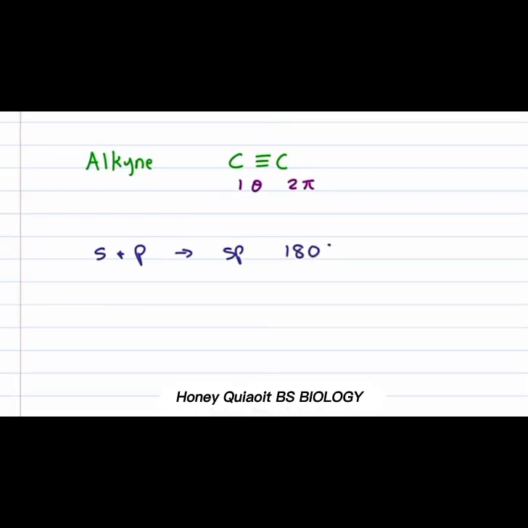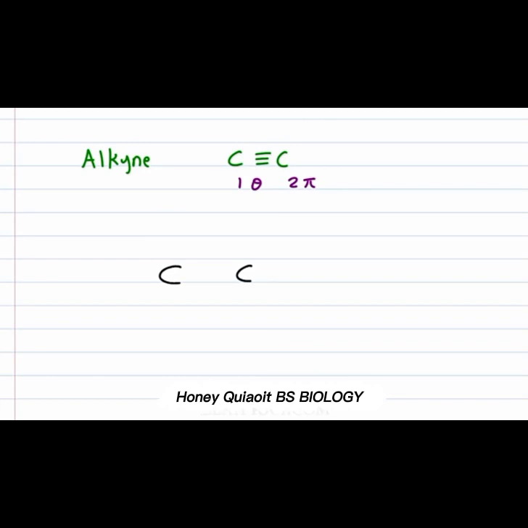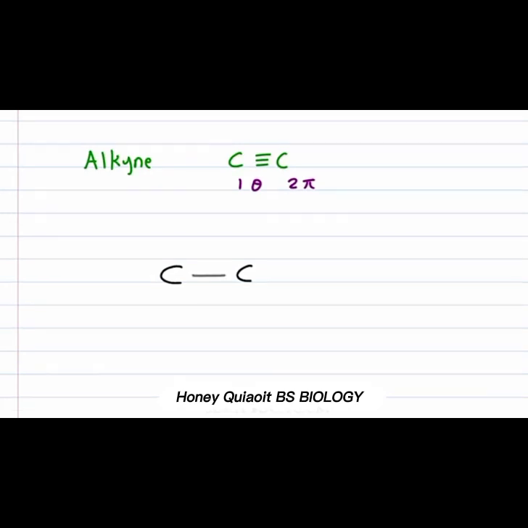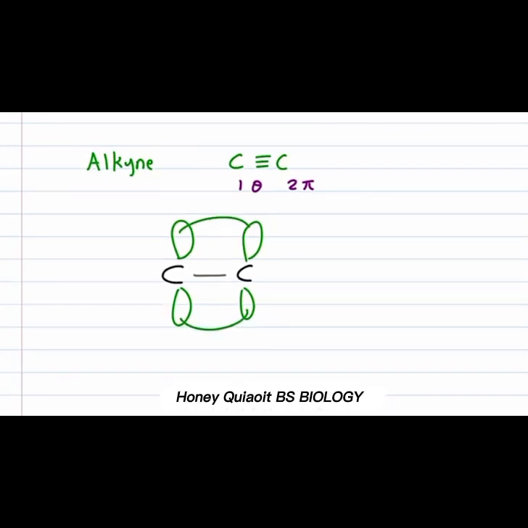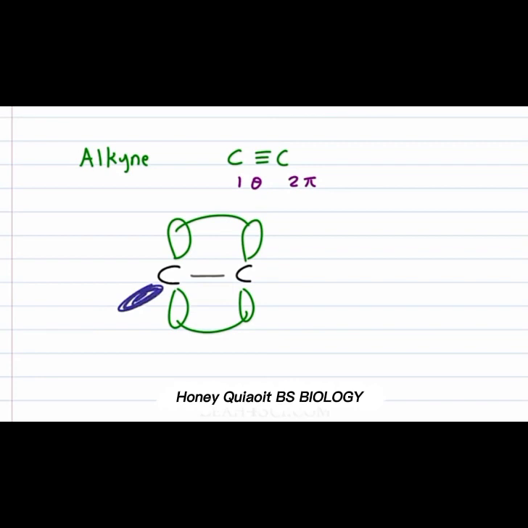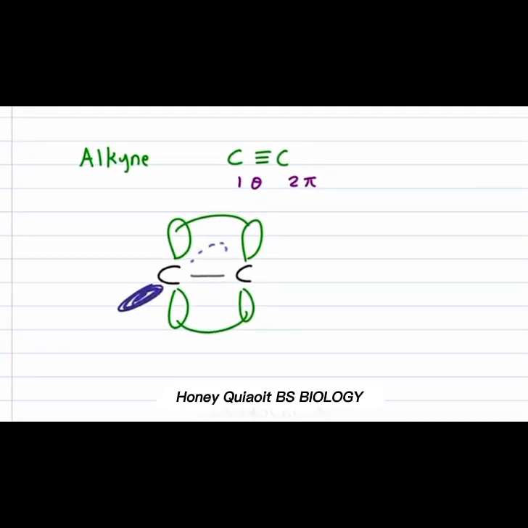Now, if we look at these two carbons here, the gray line between them would represent the sigma bond. The white plane will show the p orbital going up and down, and when these overlap, we get first the pi bond. The z plane will show the other p orbital, with the dark blue representing coming forward out of the page and the light blue going back into the page.